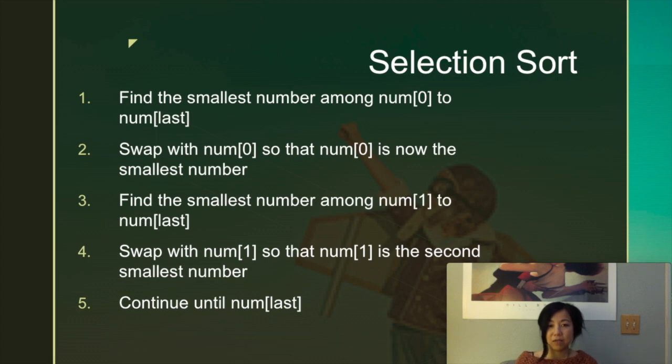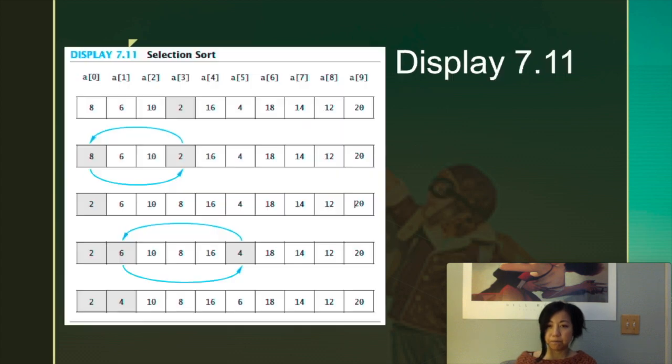It's like you partition it: num0 has the smallest number, and the rest is an array of numbers that's not sorted yet. Then you find the smallest number in this unsorted array, let's say you find it over here, and you swap it with num1. You basically continue doing this until you get to the end of the array.